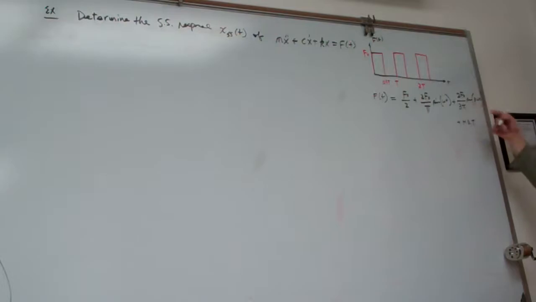The higher order terms you can pretty much guess from the template: divided by 5 pi, sine 5 omega t, divided by 7 pi, sine 7 omega t, etc.